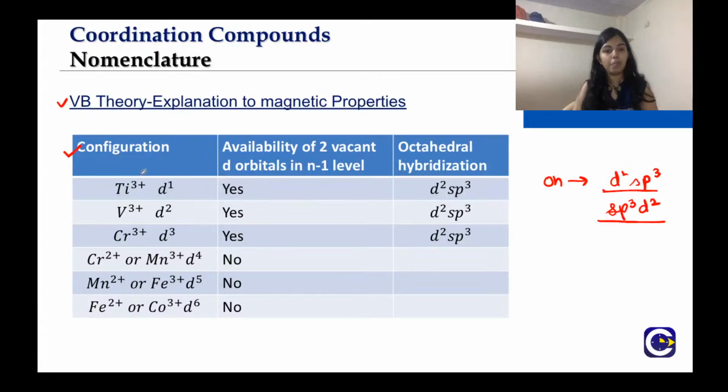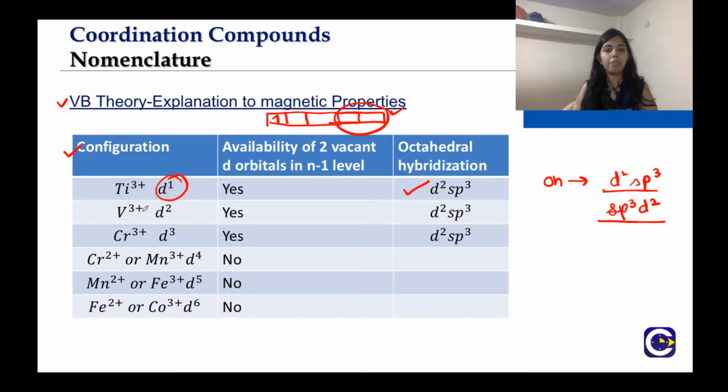Now titanium 3 plus has d1 configuration, right? So let us draw the d1 configuration. One electron here, and for d2sp3 hybridization, two d orbitals are vacant here, so it can show d2sp3 hybridization.